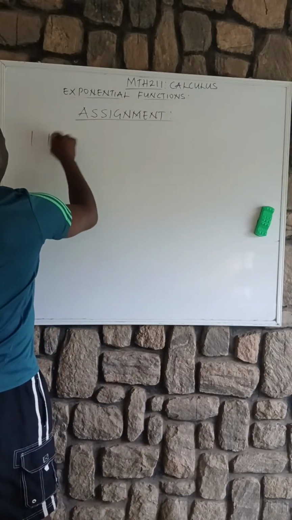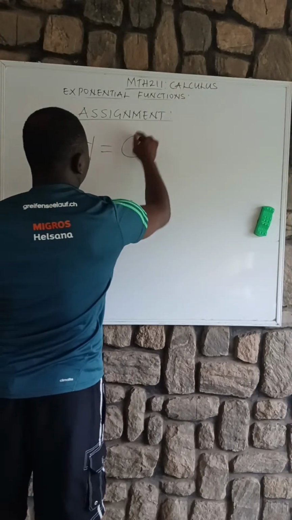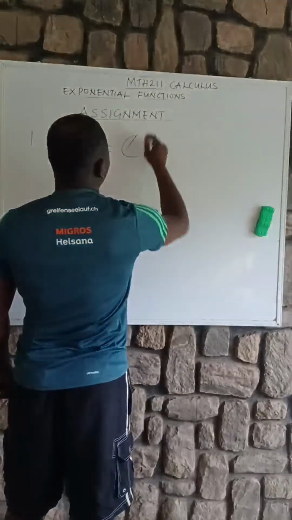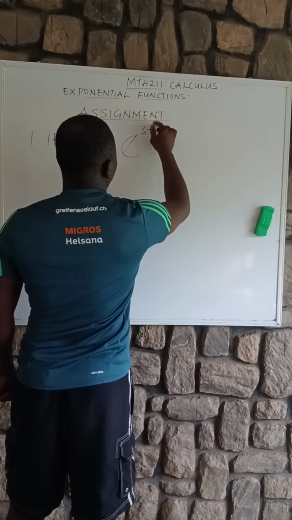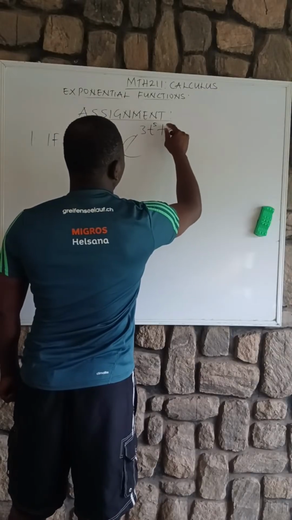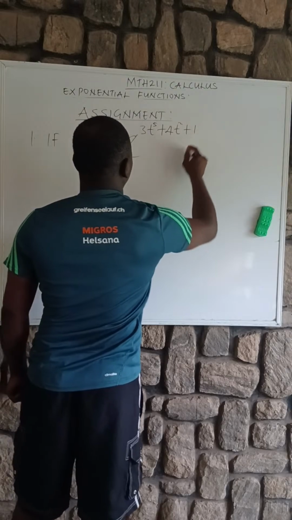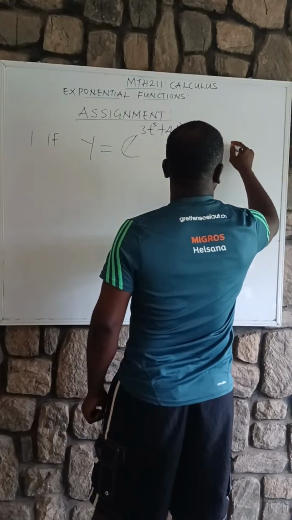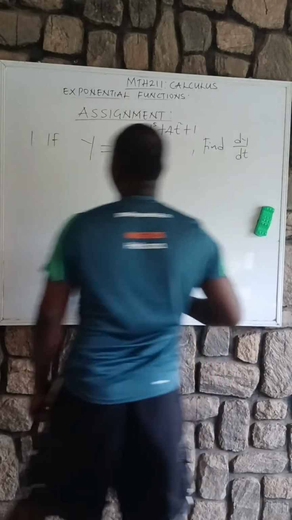One, if y equals exponential 3t raised to the power 5 plus 4t squared plus 1, find dy/dt.